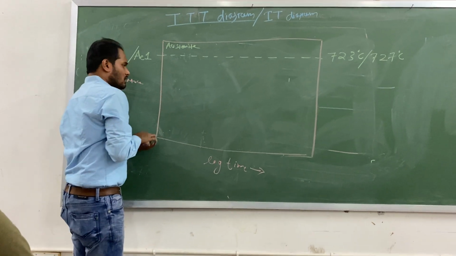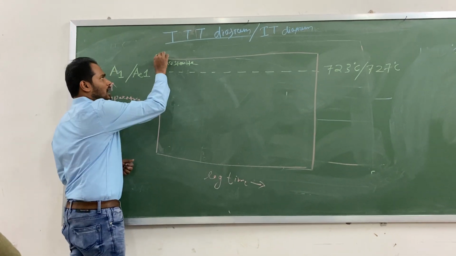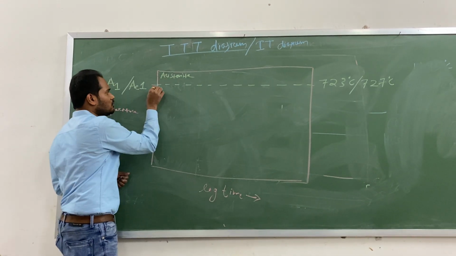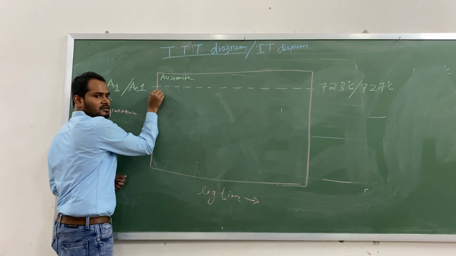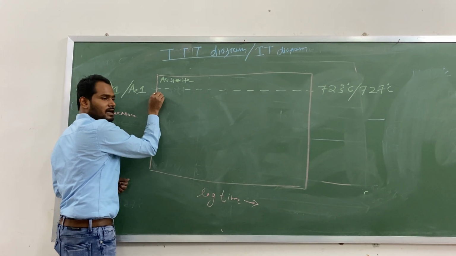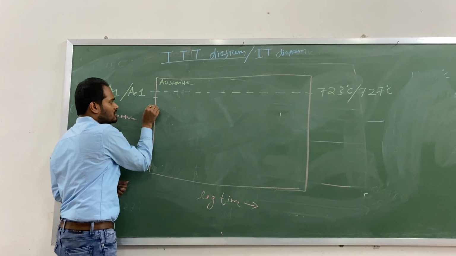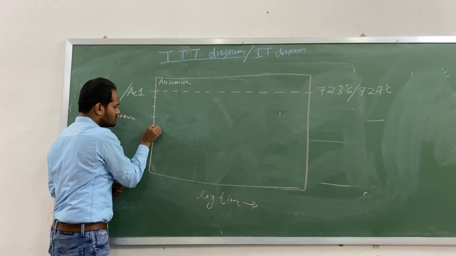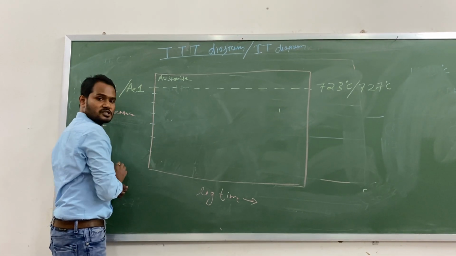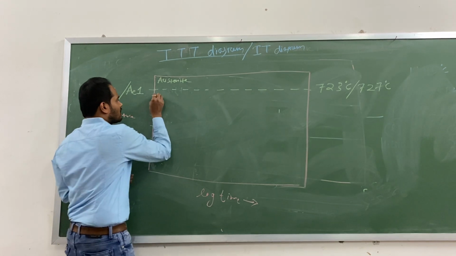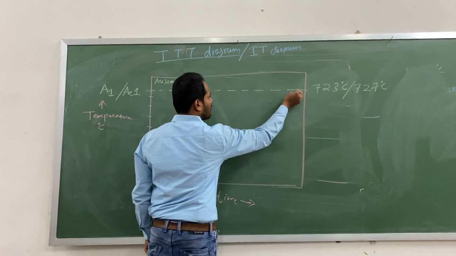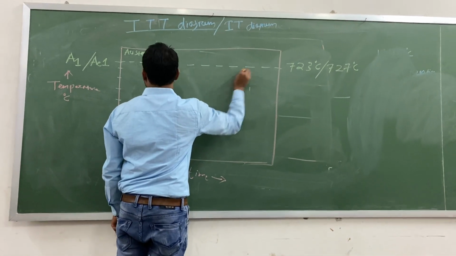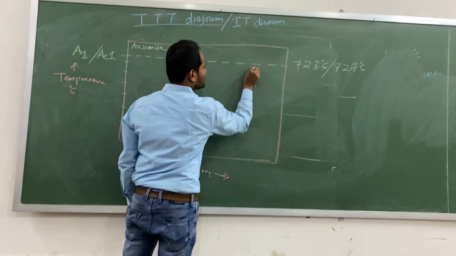Now as I told, I will take all the steel to this temperature. Then I will bring the steel to, suppose, this temperature. I want to do cooling of the steel at this temperature, then at this temperature, and at this temperature, like this. So you will have some points. Suppose I have a point here. For this temperature, my point is here.